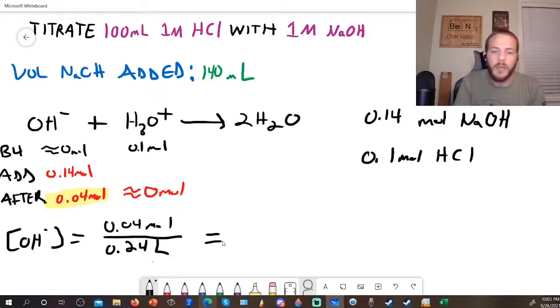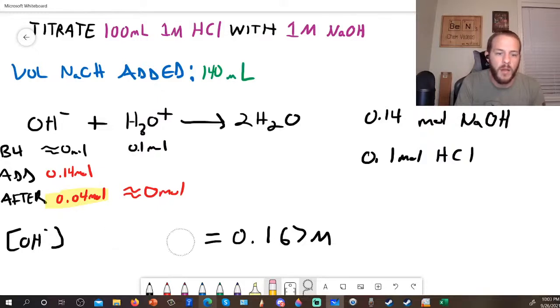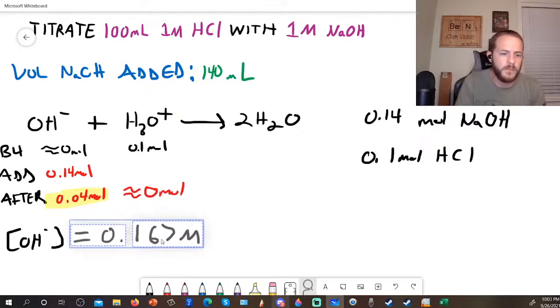And 0.04 divided by 0.24, what I got was a concentration of 0.167 molar. That is our concentration of hydroxide ion.